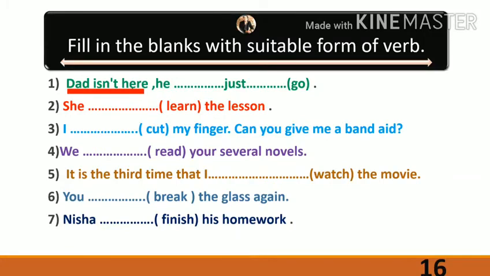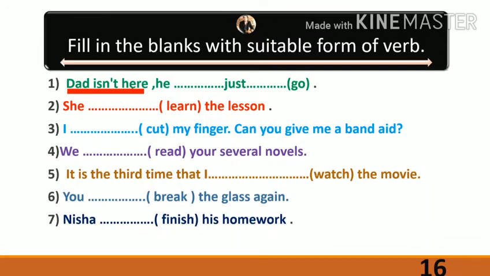So the next part will again be in the present, maybe present tense, present continuous, or present perfect, but it depends. If one half is in the present, the next half will be in the present, you cannot say it will be in the past.